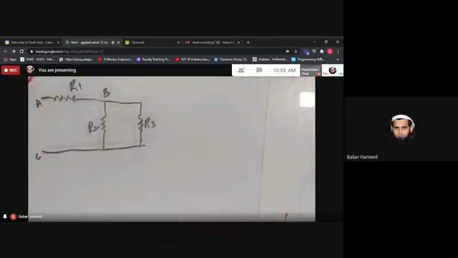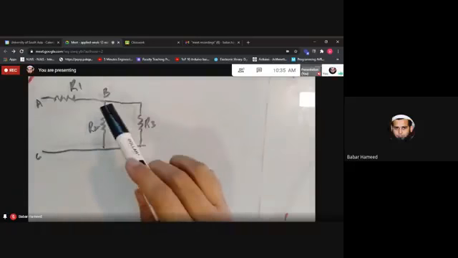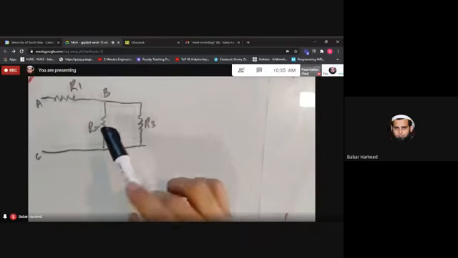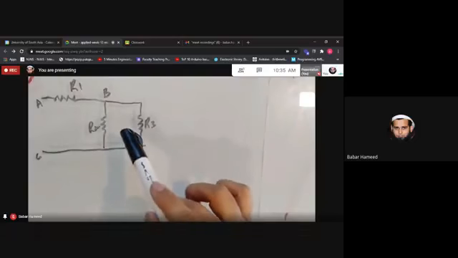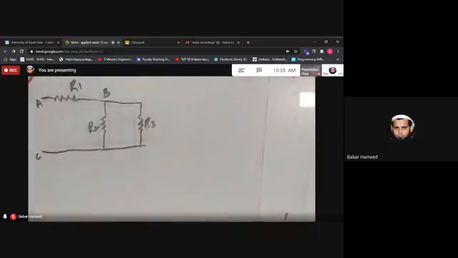The resistance from point B to point C is R2 and R3, and both are in parallel. The total resistance from point A to point C is R1 in series with the parallel combination of R2 and R3 as indicated.